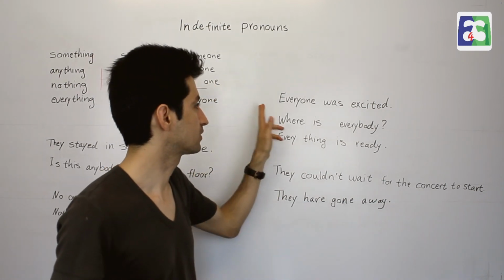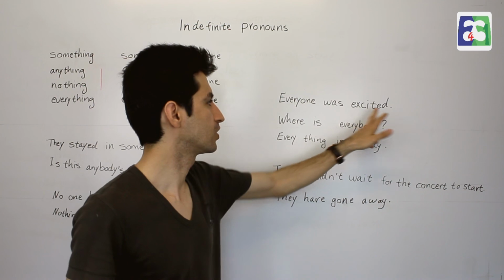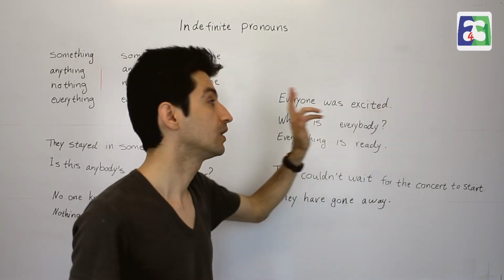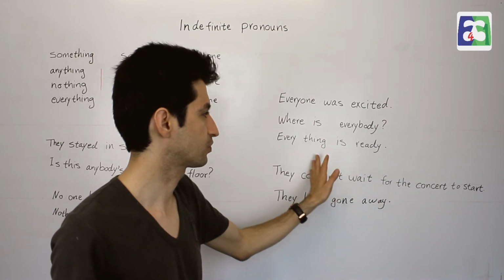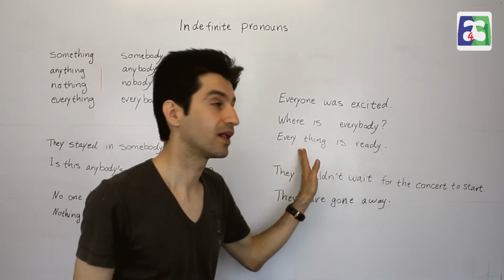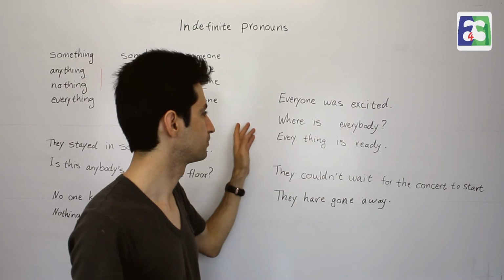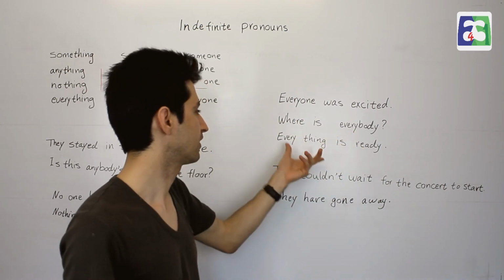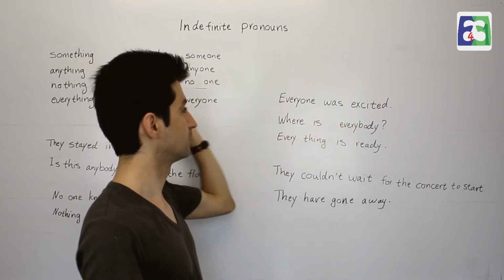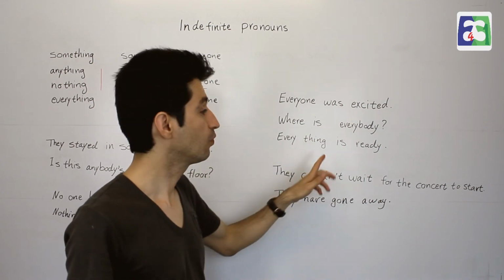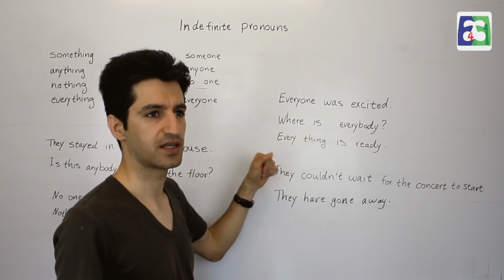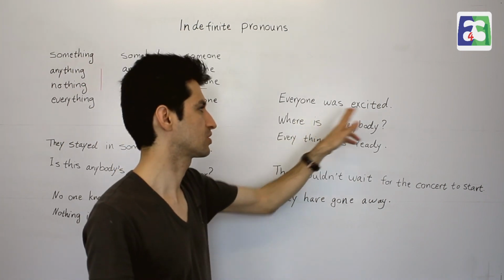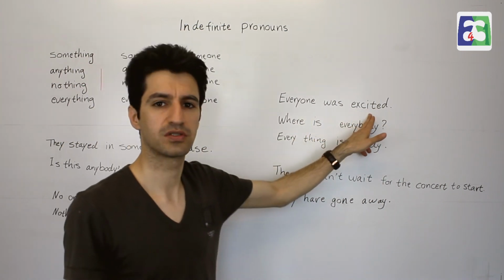Over here, I've got this example: everyone was excited. Something about this sentence, and these three examples, is that after everyone, everybody or everything, any of these indefinite pronouns, we use a singular verb. So I say she was excited.